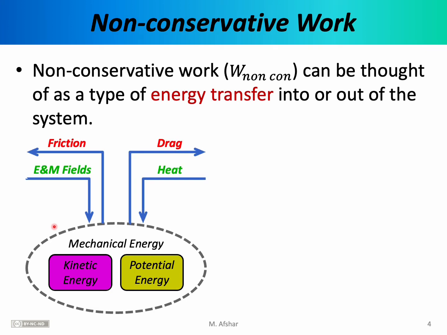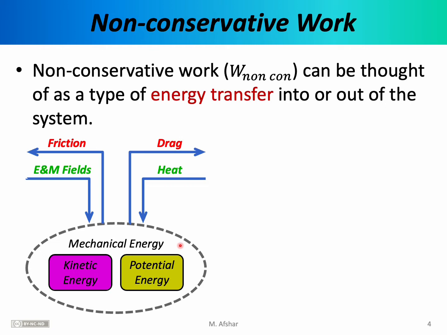On the other hand, if you have non-conservative forces like friction and drag, then you'll end up with a transfer of energy into or out of the system. In general, drag and friction will perform negative work, therefore they represent a transfer of energy out of the system. As you will learn in other physics classes, we could also heat the system up, we could also use electromagnetic fields to change the energy of the system. In that case, we would have a transfer of energy into the system.